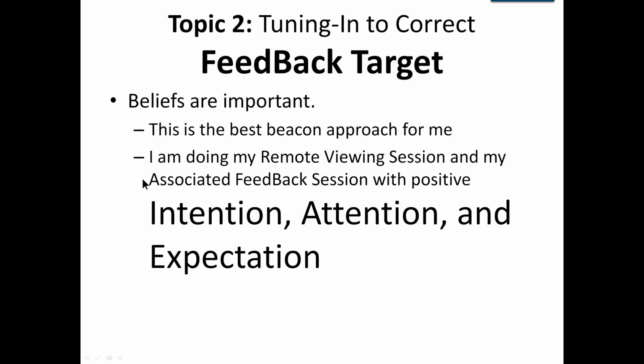One of the things that I do is, before I even go into my session, I do my cool down. While I'm cooling down, I will tell myself, okay, there is one picture, one photo site, and one only that is assigned to this set of coordinates. That is what I want. I want the feedback target, what I am going to see when I get my feedback.